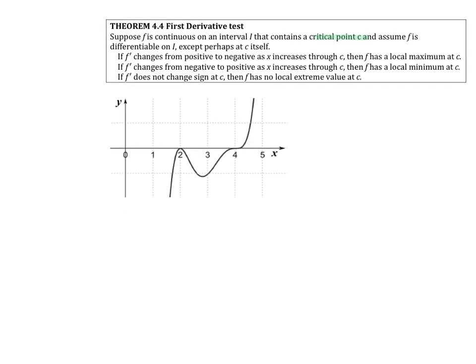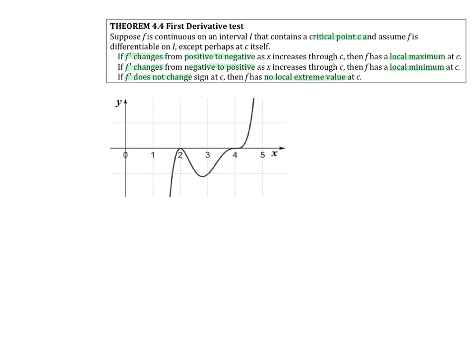If the first derivative changes from positive to negative, then we have a local max. If the first derivative changes from negative to positive, we have a local minimum. If the derivative does not change sign, then there's no local extreme value.